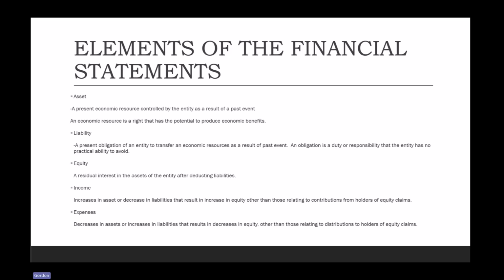A resource is something you are able to handle, something physical. That is exactly why profit on sale cannot be an asset. Yes, it meets the past event part, but the resource part it doesn't meet.